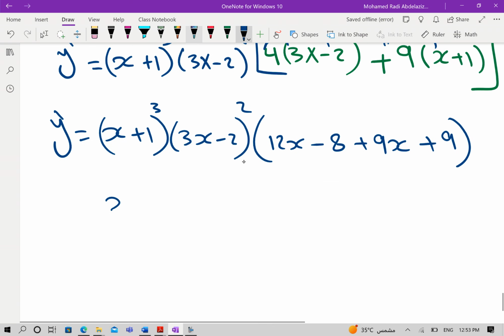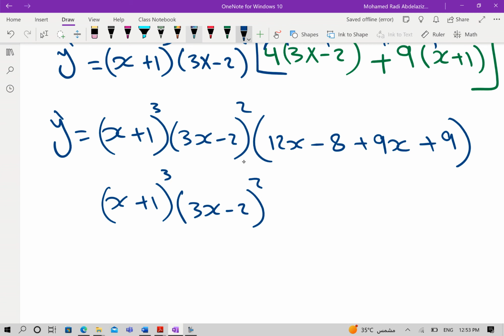Simplify (x plus 1) all to the power of 3, (3x minus 2) all to the power of 2: 12x and 9x is 21x, minus 8 and plus 9 is plus 1. This is the final answer simplified.